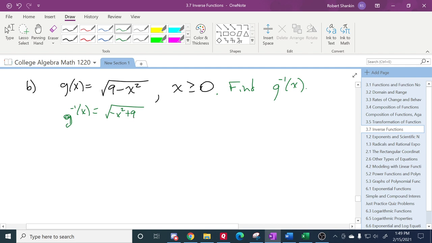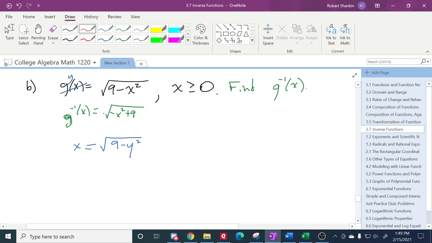So Daniel, what's my first step? How do I get the inverse? So I replaced g of x with y, and then I interchanged x with y, and then I solved for y.